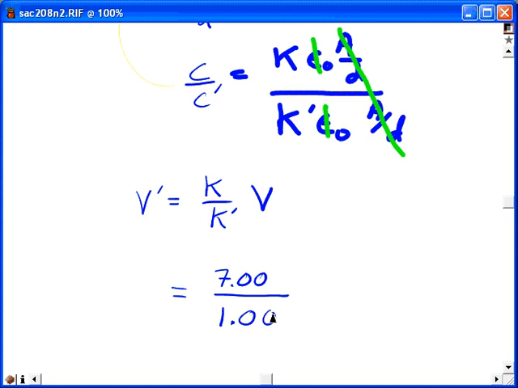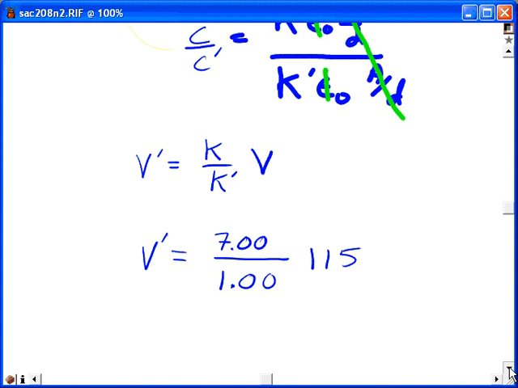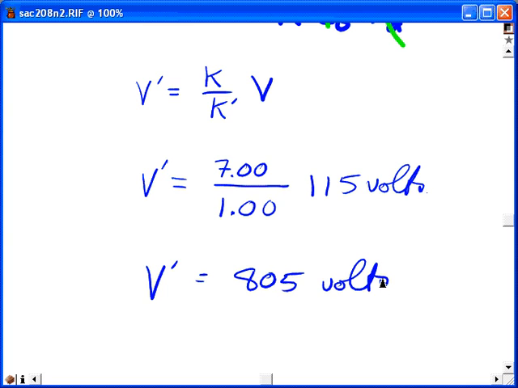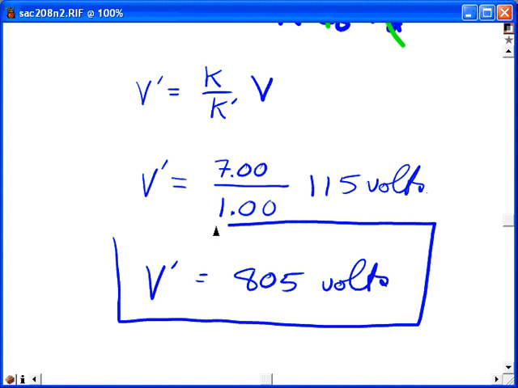K prime we know is 1.00, the dielectric constant for air or vacuum, and we multiply that times 115 volts. And that yields 805 volts. And that's our answer for SAC 208.